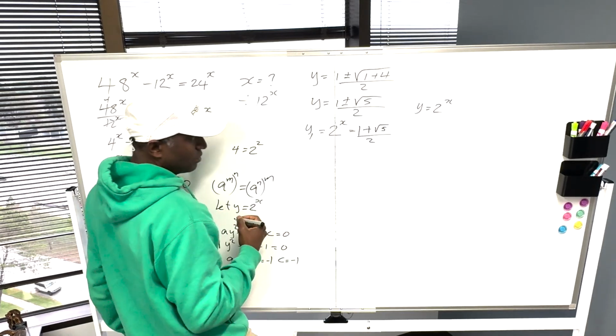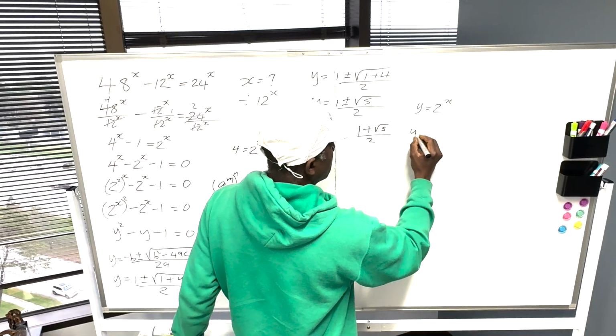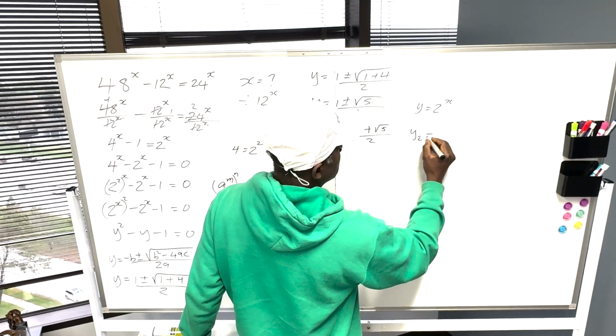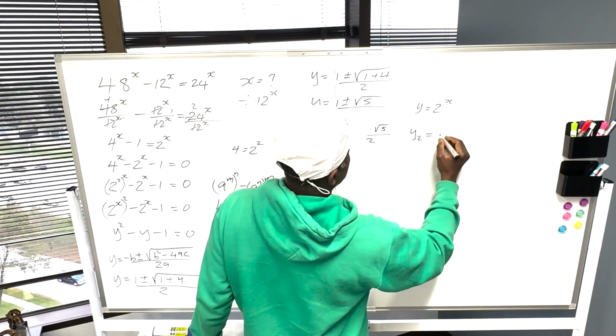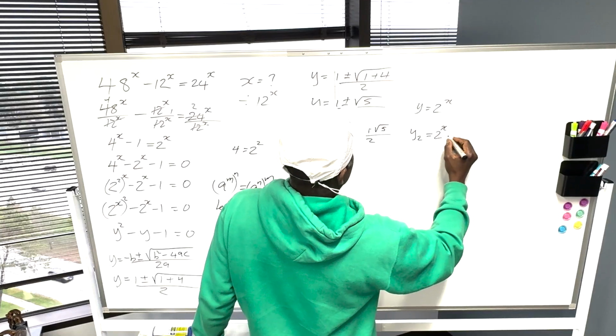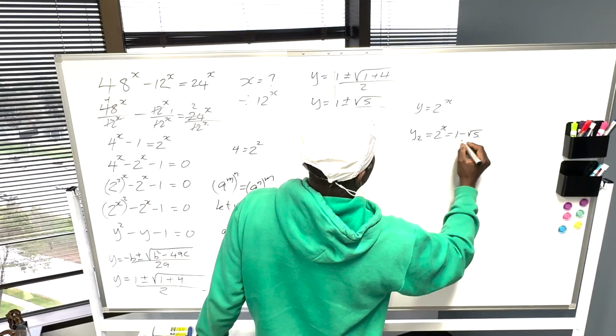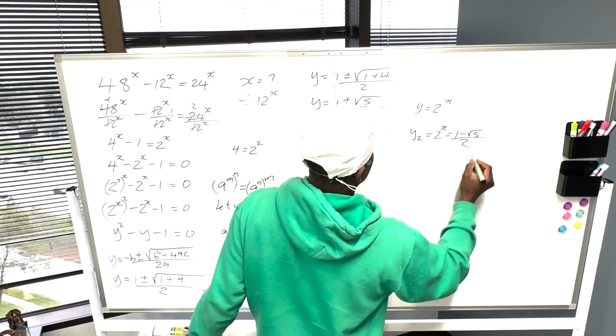And the next term is y2, which is 2 to the x, equal to 1 minus square root of 5 all over 2.